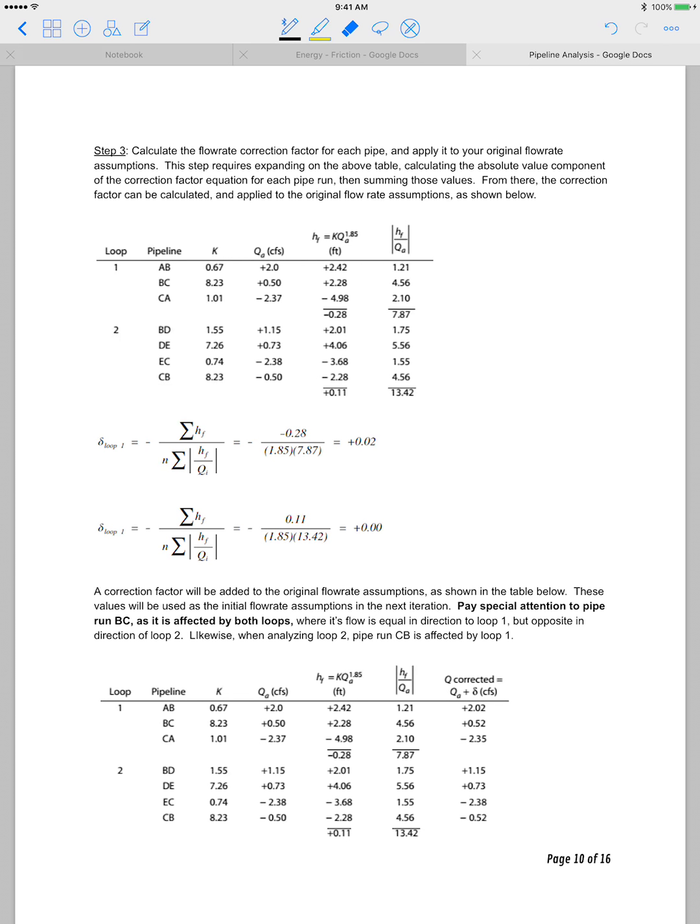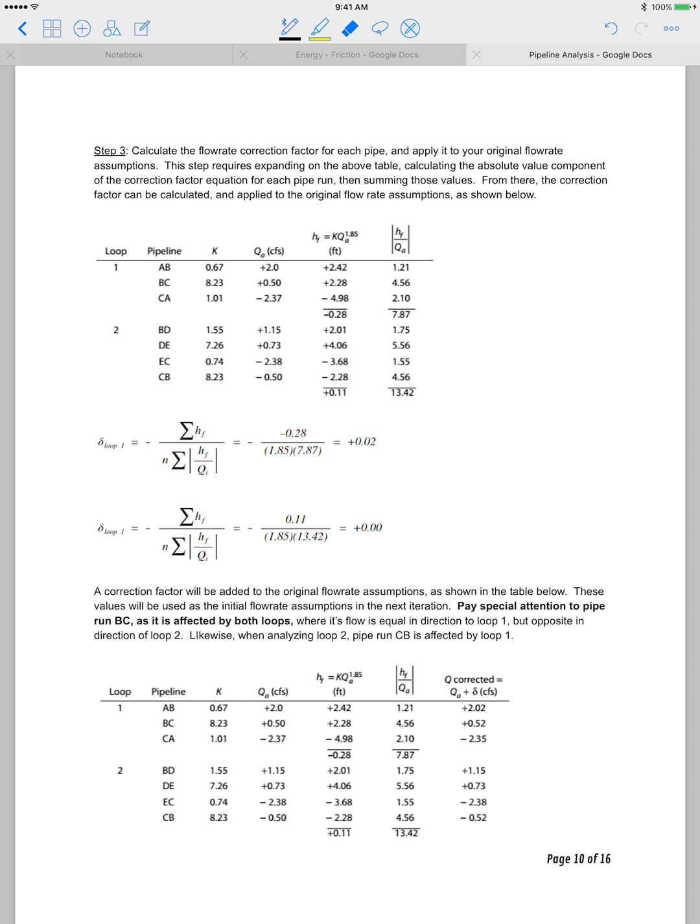So then what do we do? Well, it's time to apply these correction factors to the original assumed flow rates. All right, that's what they're there for. So this would essentially be where the problem stops.